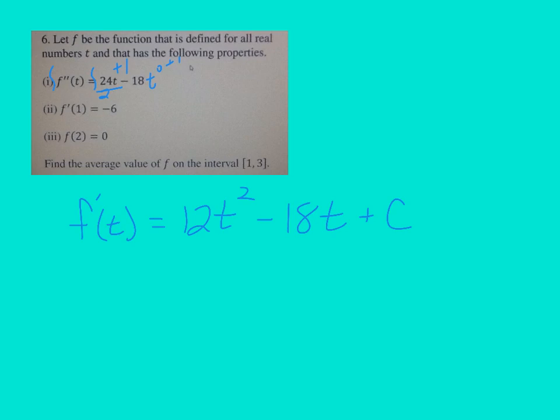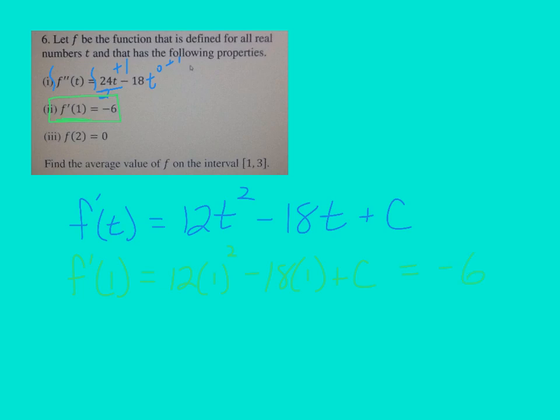Now I'm going to go and use the boundary condition. I know that f prime of 1 is equal to 12 times 1 squared minus 18 times 1 plus c, and that whole thing is equal to negative 6.